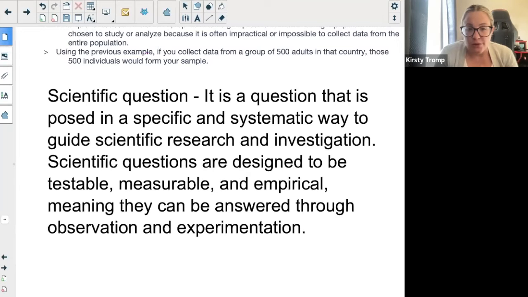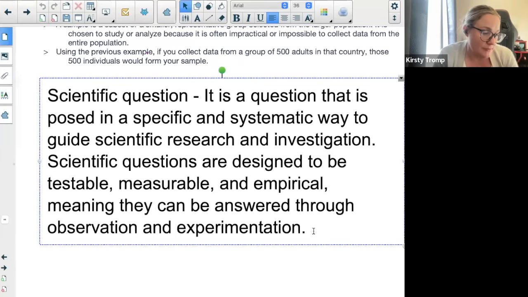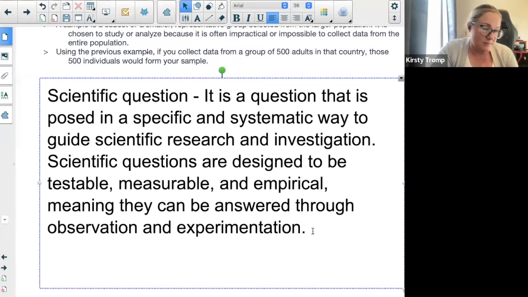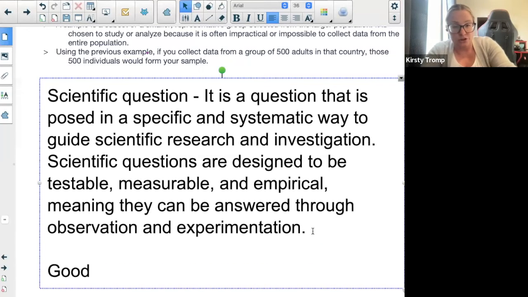All right. So what's an easy way to check whether it's a good scientific question?